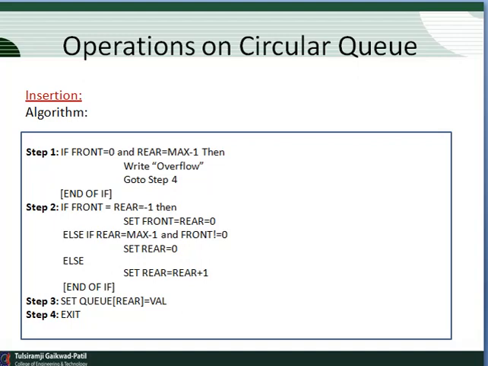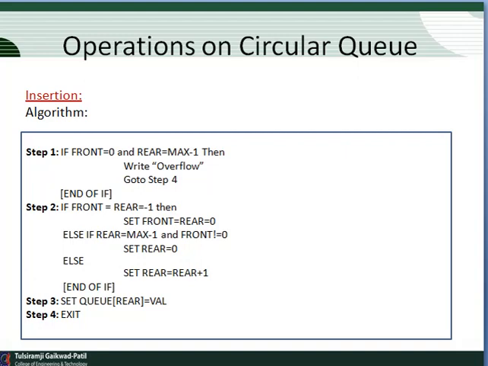Otherwise, if front is equal to rear is equal to minus 1, then set front is equal to rear is equal to 0 if we want to insert the element into that queue. Else, if rear is equal to maximum minus 1 and front is not equal to 0, in that case set the rear value of your circular queue to 0. Else, increment it by 1.